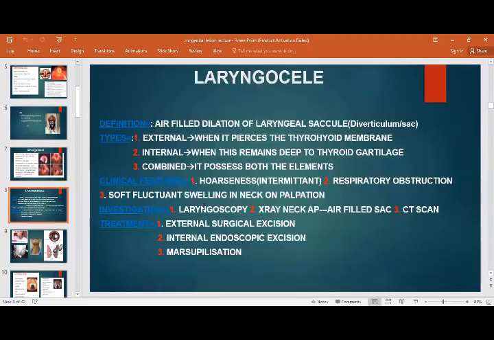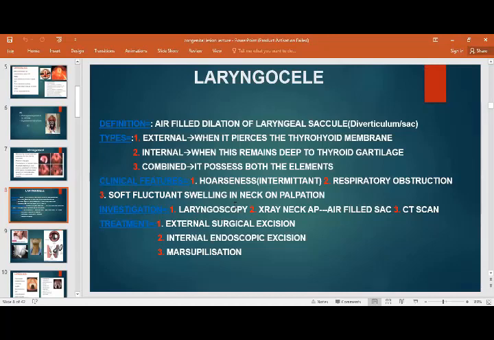Then the presentation would normally be hoarseness and respiratory obstruction. If the size of the laryngocele increases, then the patient may come with respiratory obstruction, and of course an apparent swelling in the neck when you ask the patient to do the Valsalva maneuver or any straining exercise; this swelling would appear.